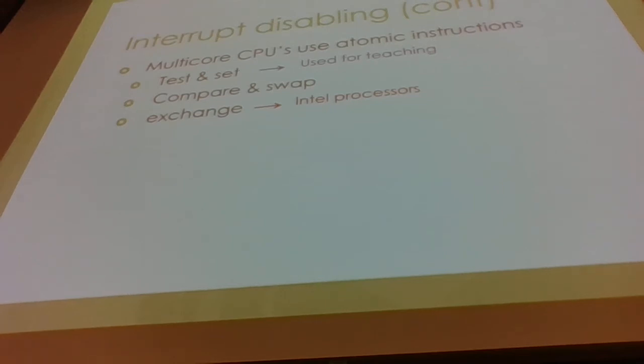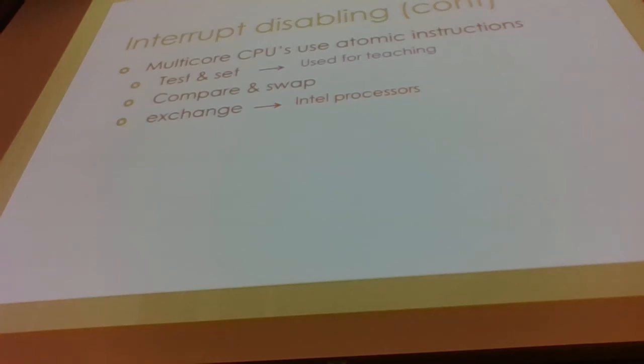Now exchange is basically a practical implementation of test and set. It is used in Intel cores. In the Intel instruction set, the exchange instruction is there, and that exchange instruction is atomic. And how does it do atomic? By disabling and enabling interrupts. So you need some hardware support.